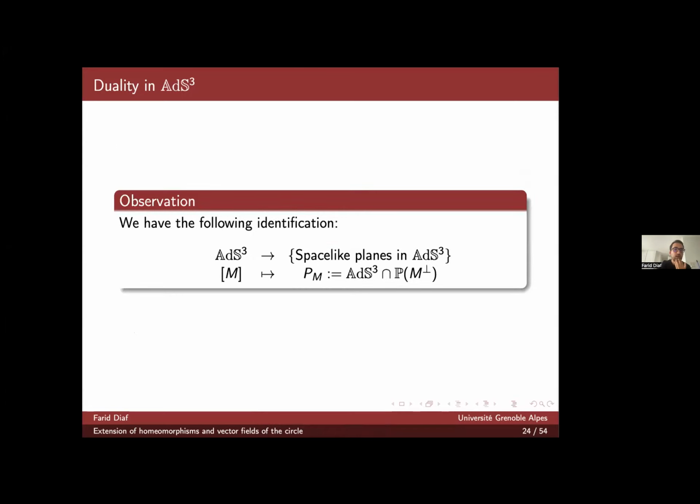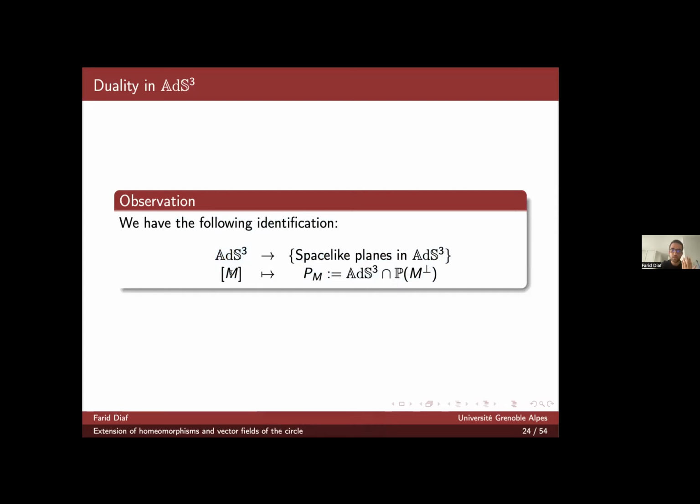And in fact, we have an identification, which is that the set of all space-like planes in anti-de Sitter space is identified with the anti-de Sitter space itself. We say that the dual of the anti-de Sitter space is the anti-de Sitter space itself. So how does this correspondence work?